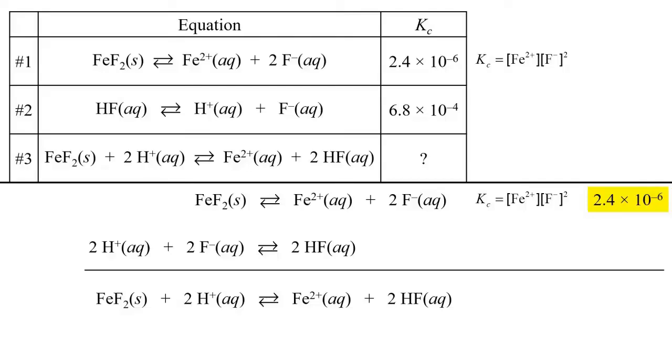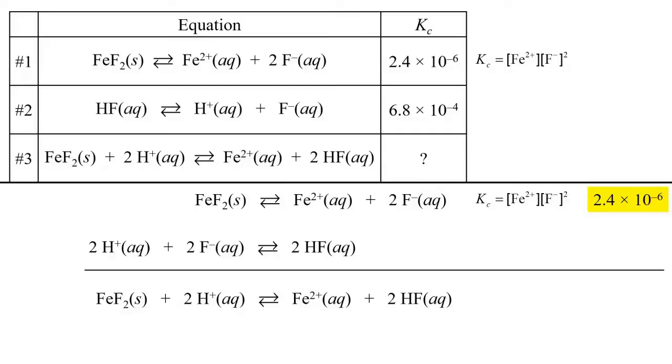Equation number 2, because it was reversed, that means it would be the reciprocal, so 1 divided by 6.8 times 10 to the negative 4, but it was also doubled. Each coefficient was multiplied by 2. That means we have to raise that to the power 2, or make it squared. We're doing both of those changes at the same time.